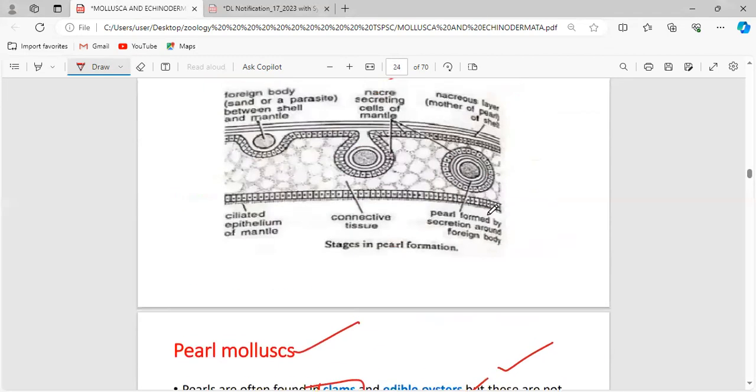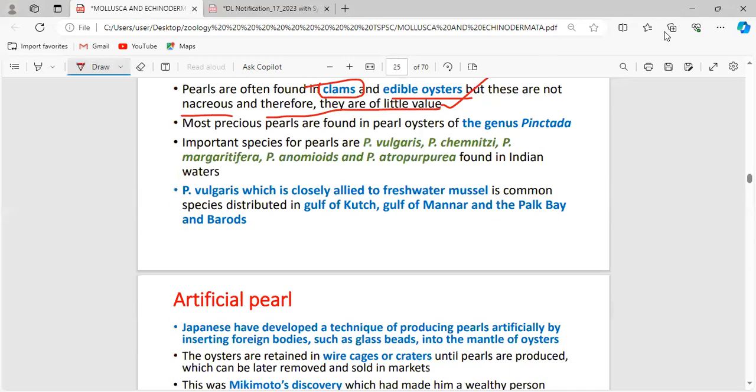The mantle will regain and relocate its position. If the cells have sent out all their contents or have lost their importance, they will also degenerate. If there are no functions performed by those particular epithelial cells, definitely they will undergo degeneration.